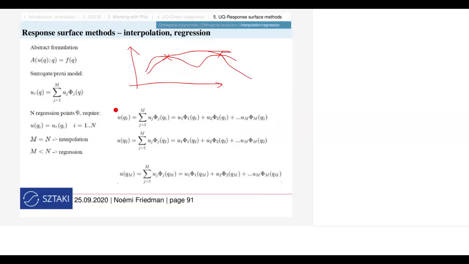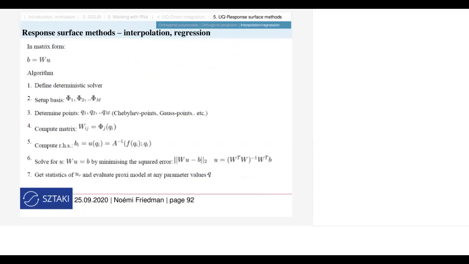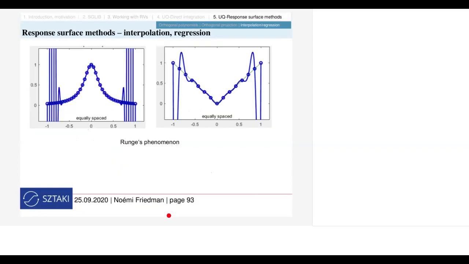Now, if the number of basis functions is less, then you have more points, and you cannot make your approximation go exactly through these points, but you can minimize the mean squared deviations from those points. And then we talk about regression in MATLAB. You carry out the computation exactly the same way.